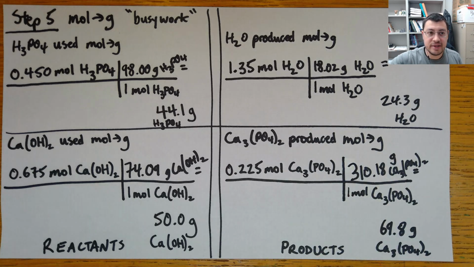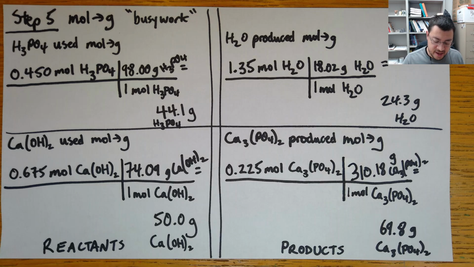So this is one of the things I wanted to talk about in closing the video. Even if they don't ask for the grams, I think there's something powerful about calculating the masses for both sides, which is you can check your work using the law of conservation of mass.